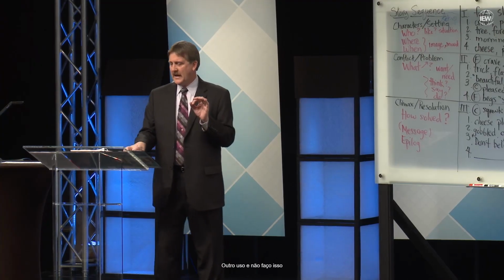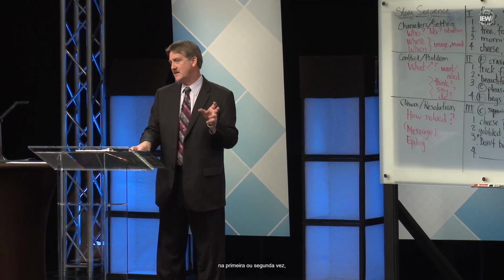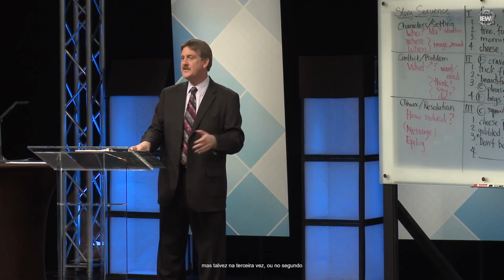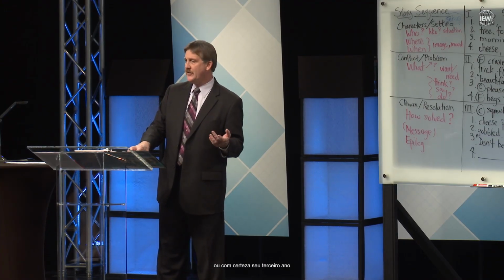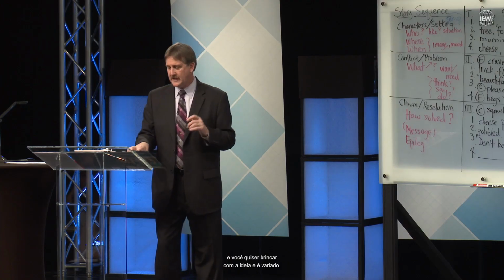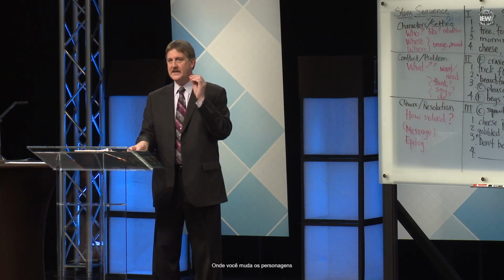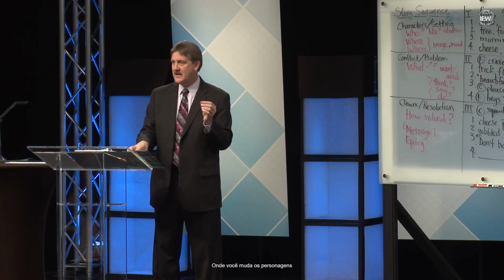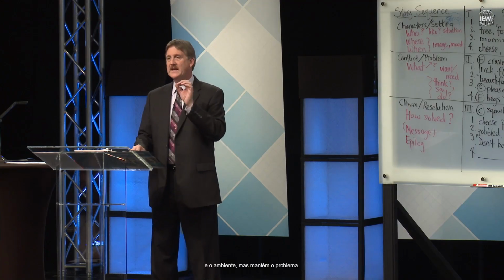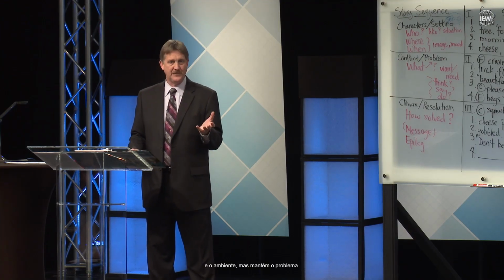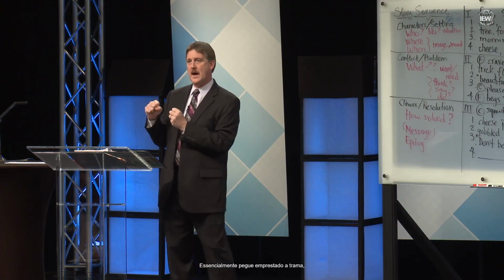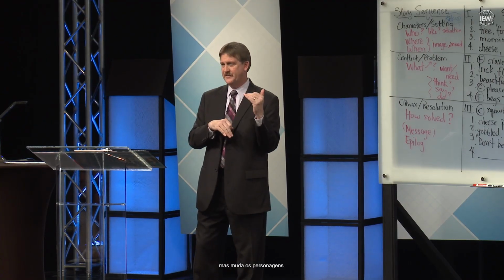Another use, and I wouldn't do this the first or second time, but maybe the third time, or certainly by your third year, you want to play with this idea, and that is the variation. This is where you actually change the characters and the setting, but keep the problem. So you're essentially borrowing the plot, but changing the characters, right?